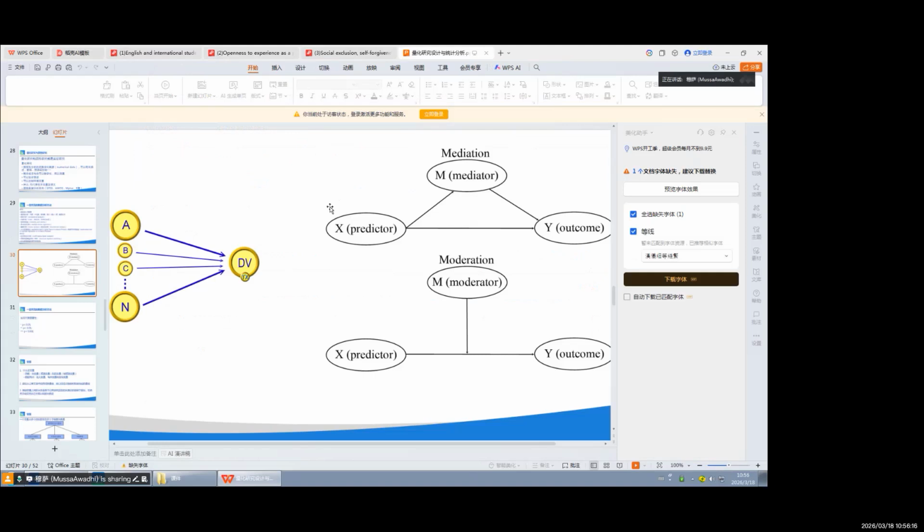Or do they have the right relationship? No. Do you agree? My question is, just because I'm conscientious, do I have good academic performance? Is that the case? No, absolutely no.